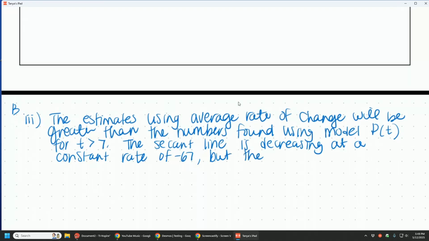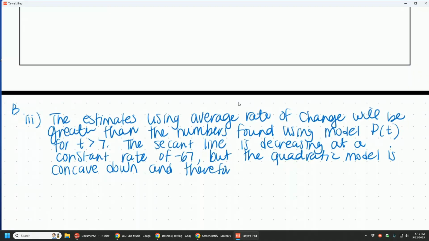But the quadratic model is concave down, and therefore decreases at a decreasing rate.